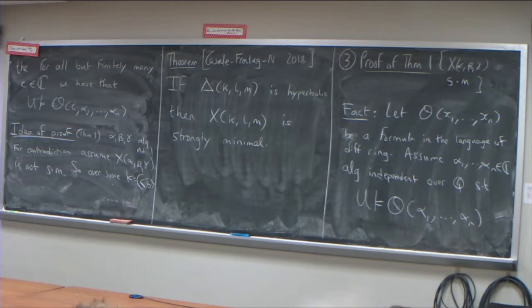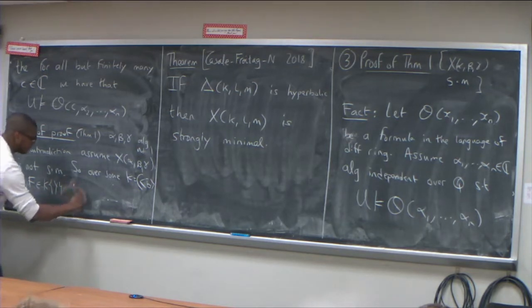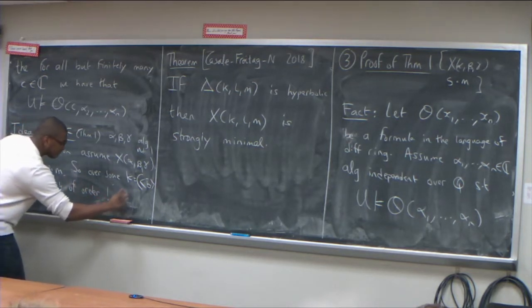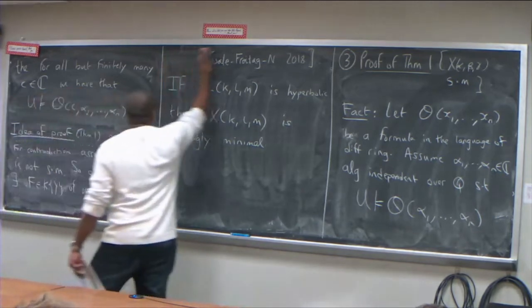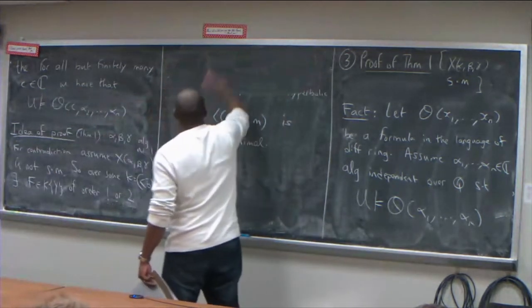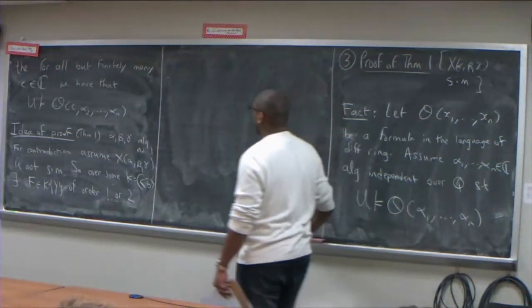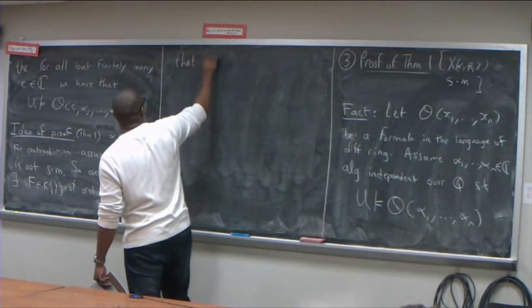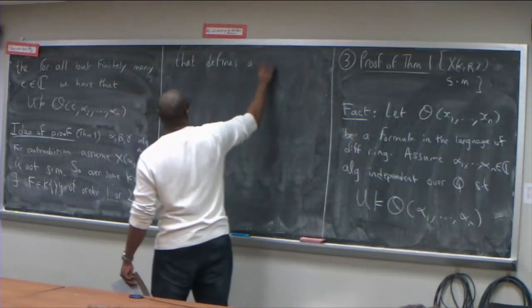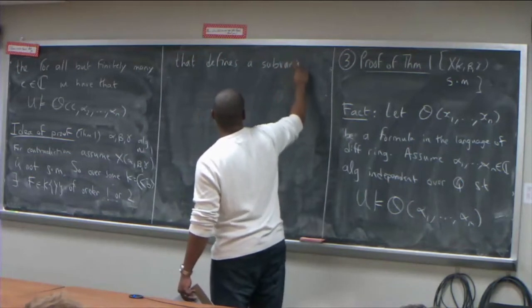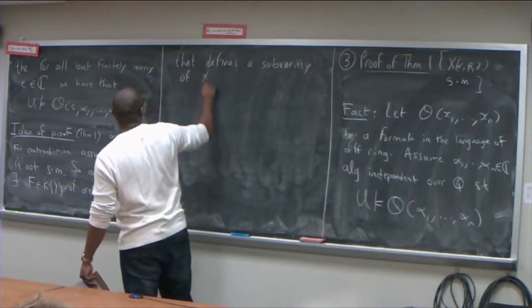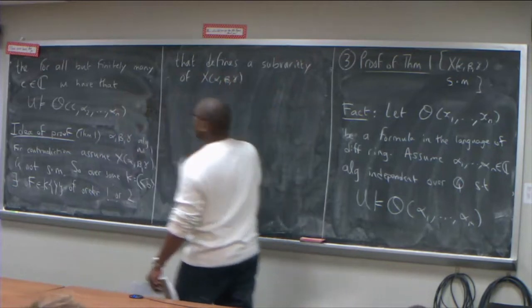Let's assume that it's given by a differential polynomial that defines a subvariety of X, leaving out, of course, details. You can write all of this formally.